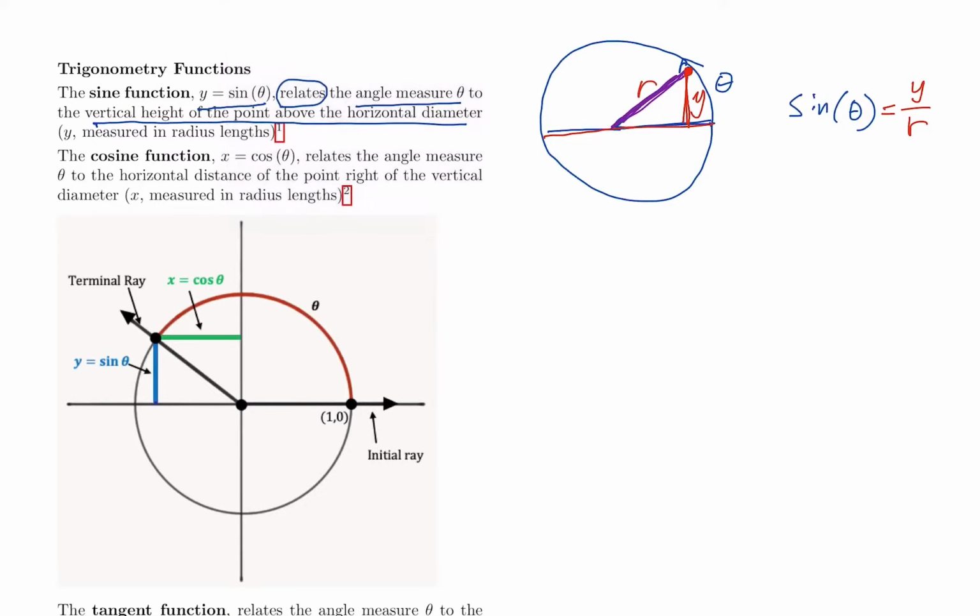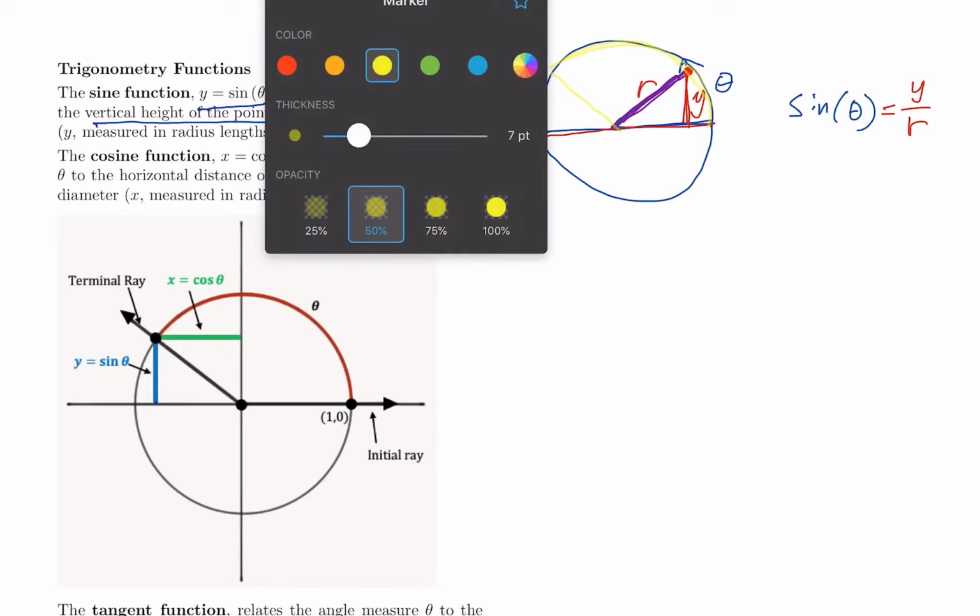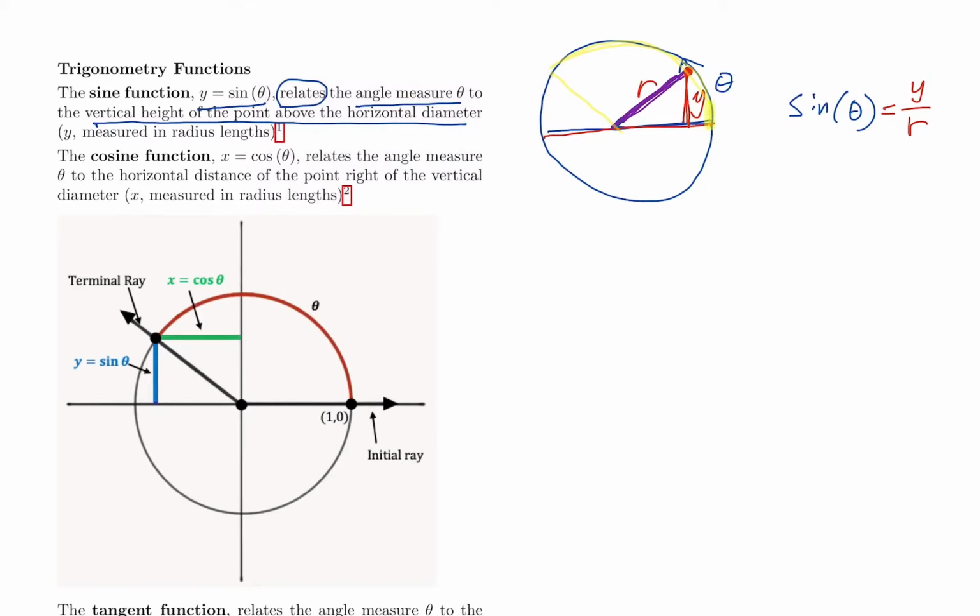Let's do another one. What if I want to measure, let's say, this angle right here? This is the angle, theta. Then here is a terminal ray, right?